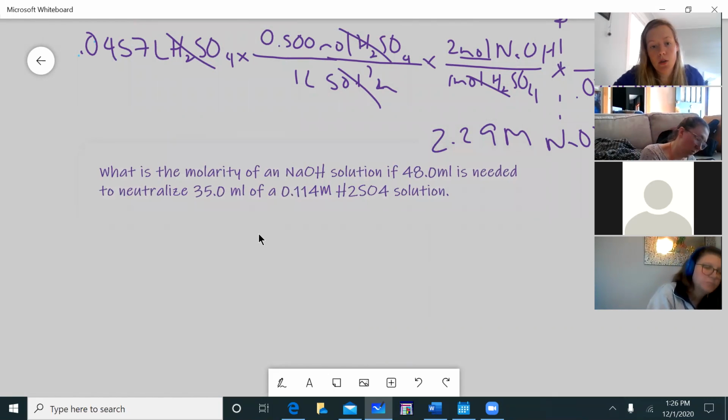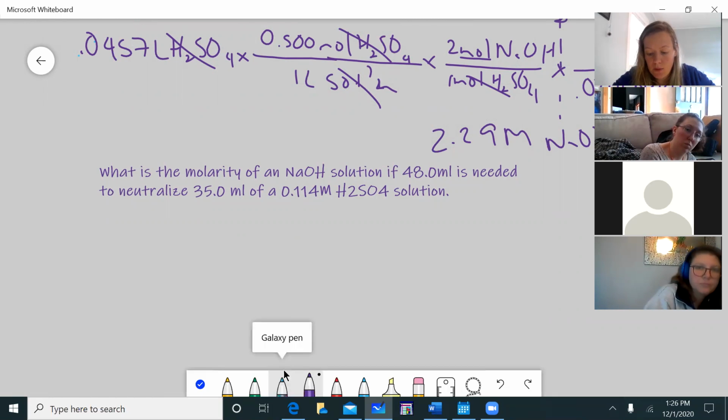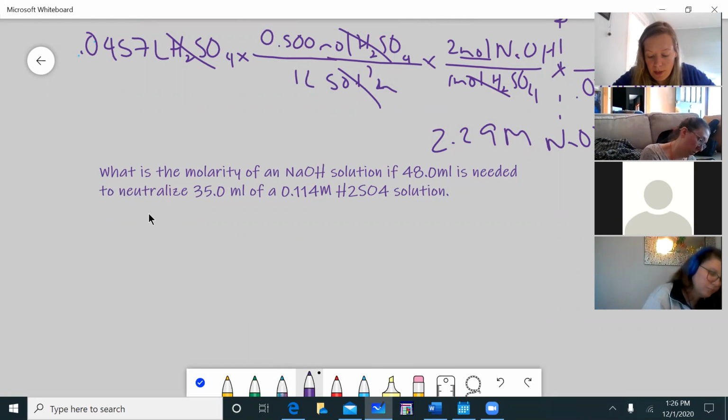And we'll give this another sig. So the balanced equation for this one will in fact be the same as the last one. So I'll just rewrite it here.